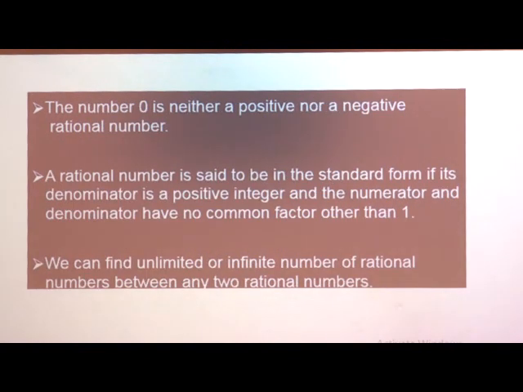The number 0 is neither a positive nor a negative rational number. You know now, because a rational number is always written in the form P upon Q, where P and Q are integers, which may be positive or negative, and Q is not equal to 0.